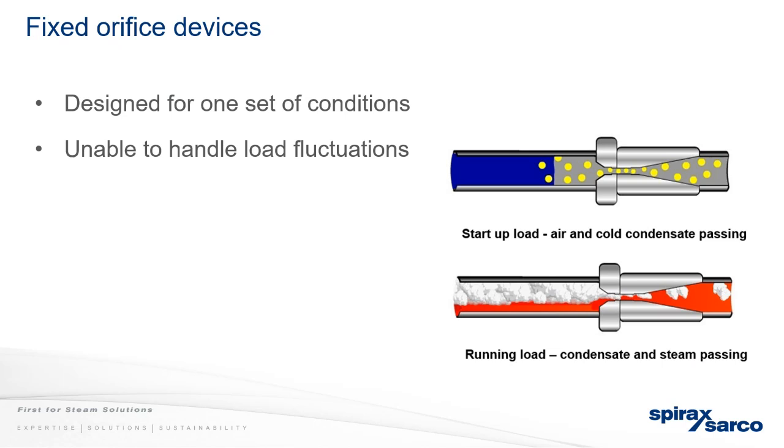That could cause things like water hammer, poor heat transfer, etc. If you have too much condensate going through, they might not remove it all. If you have too little condensate going through, then you might start losing steam. It's basically the Goldilocks of steam traps. If it's just right, then it'll work fine. Yeah, so the lower the load, the more likely you are to see a blockage as well.